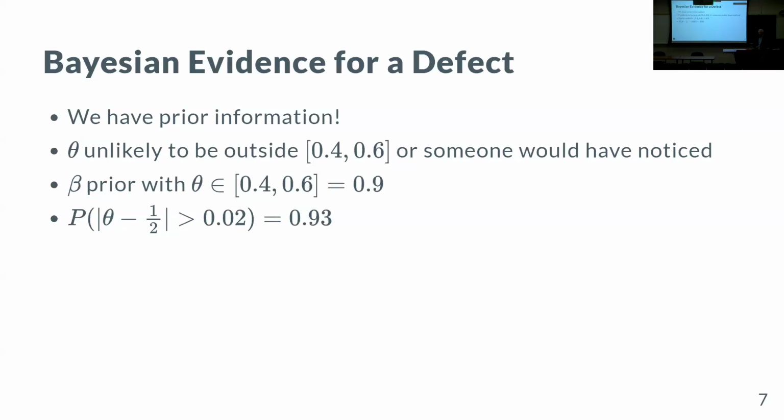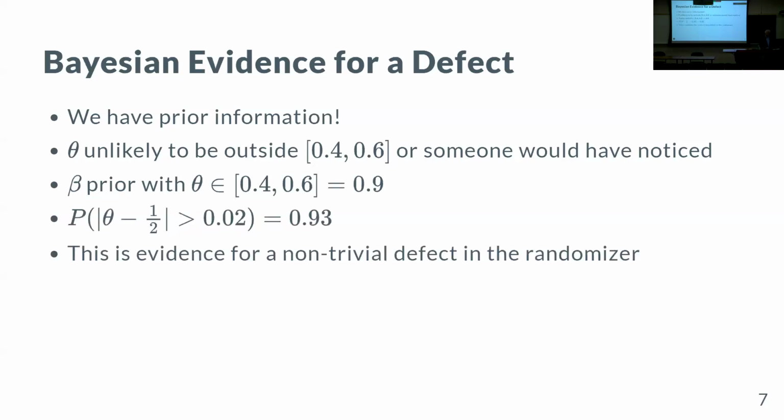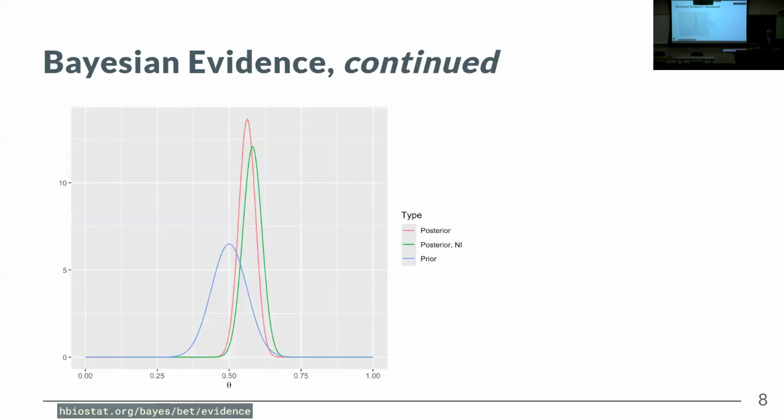So we have clinical significance, we have exact calculations, and interpretability. So we have evidence for a non-trivial defect in the randomizer. And this is what our prior distribution looks like here in blue.